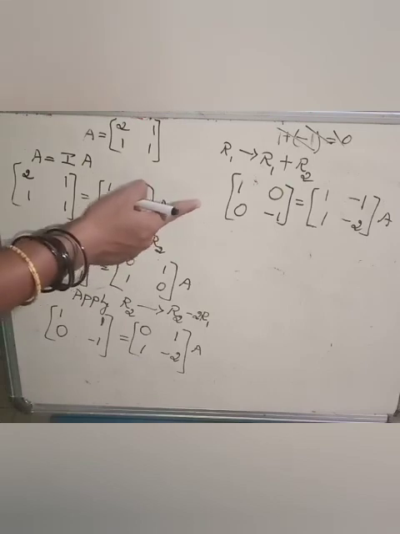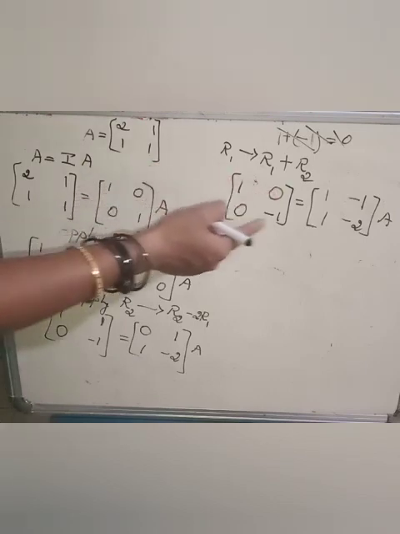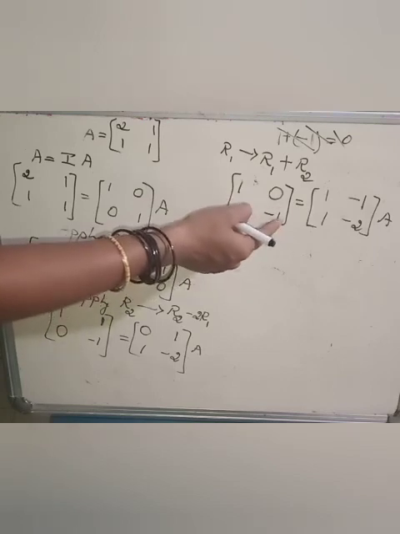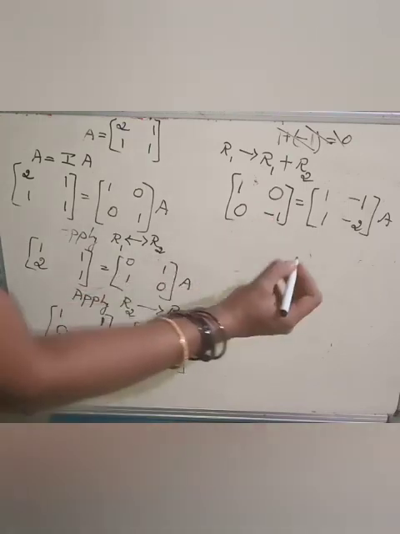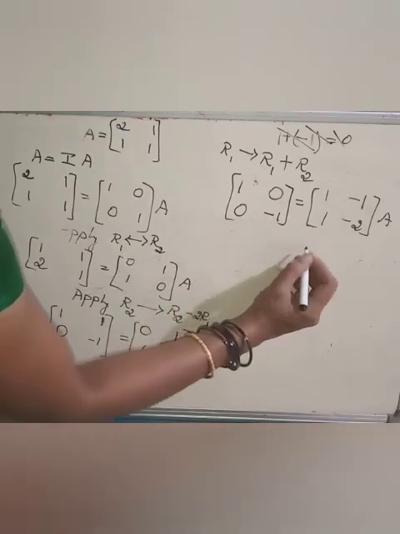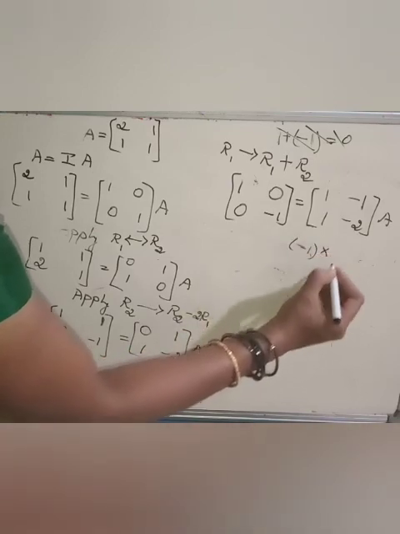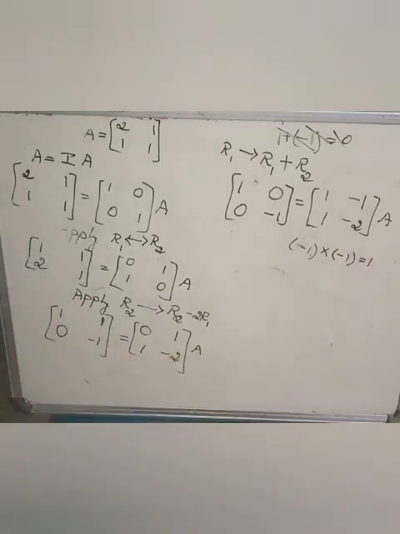Is this an identity matrix? No, because 0, minus 1 is there. So to make minus 1 to plus 1, what is the procedure? If I multiply minus 1 by minus 1, this becomes plus 1.